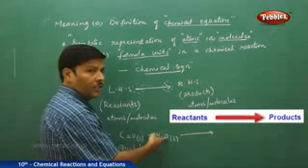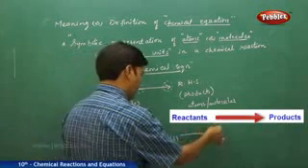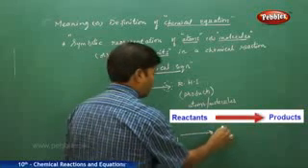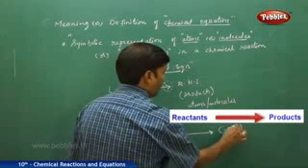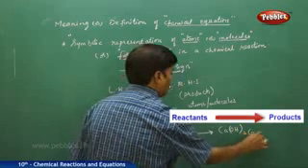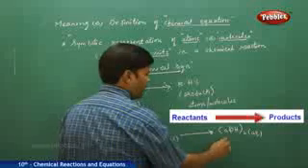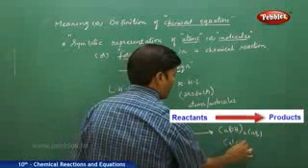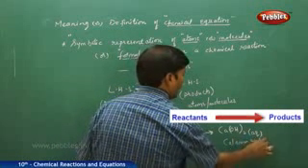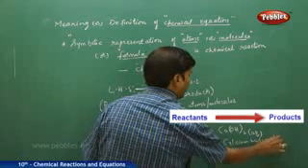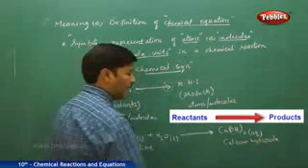The necessary chemical change takes place and the product is formed. That product is calcium hydroxide, aqueous, Ca(OH)2, which is also called slaked lime.